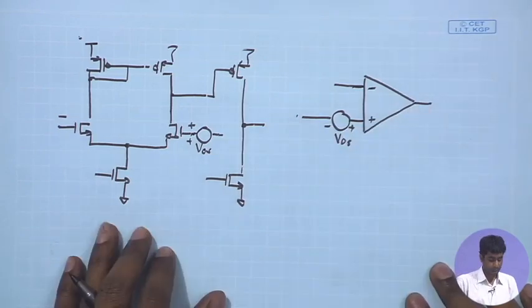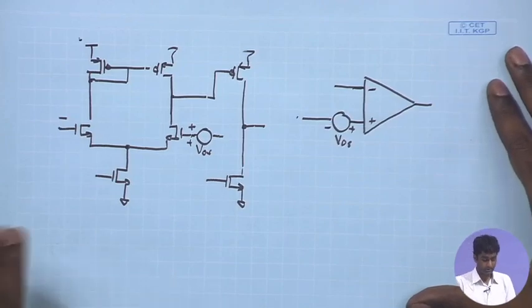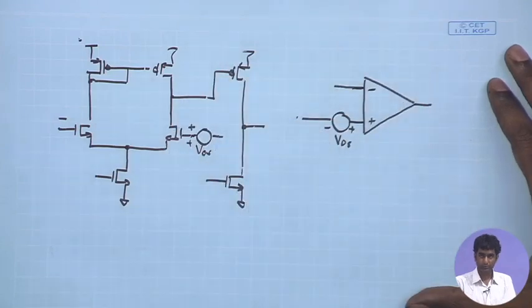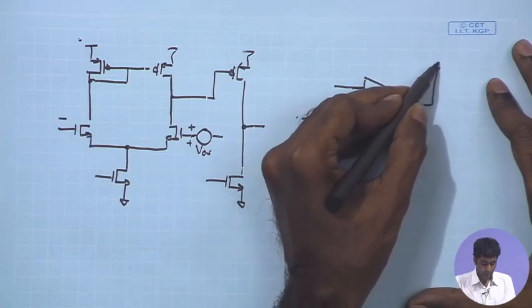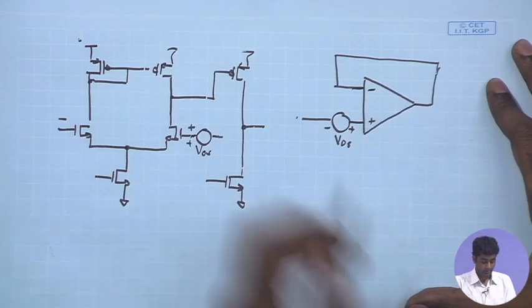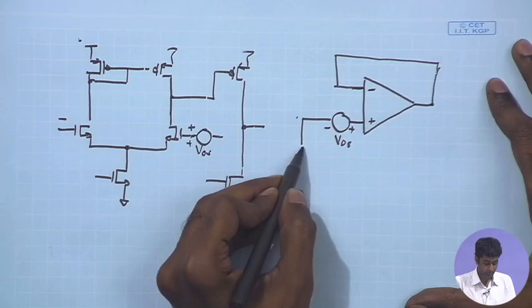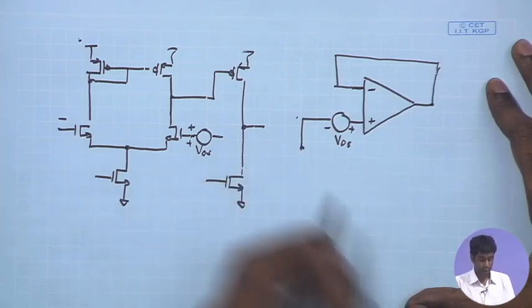Now, the main concept involved in offset cancellation is to first of all extract the effective offset voltage of the amplifier. So, if we for example close this loop and construct a unity gain feedback amplifier, what is the voltage we expect over here if I set this to say ground or an AC ground?